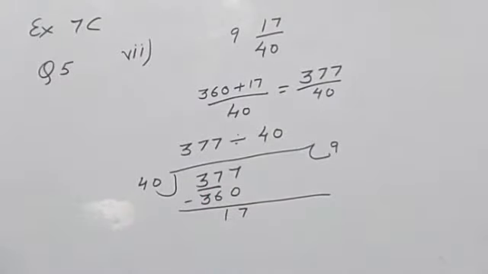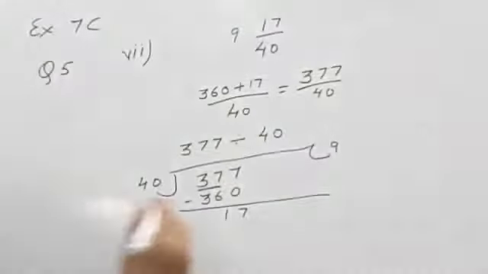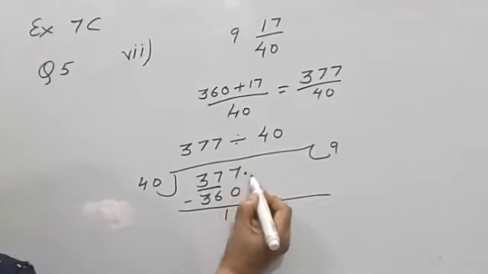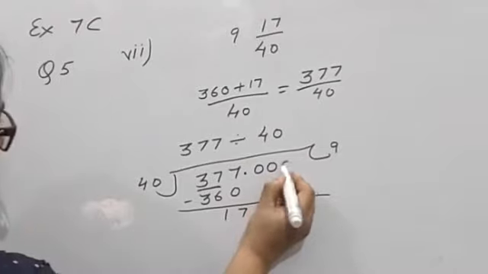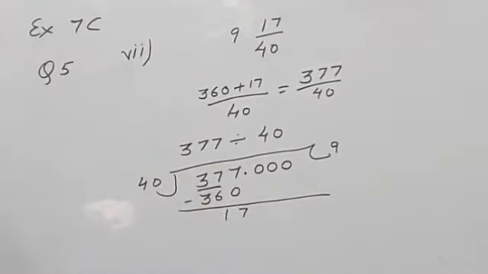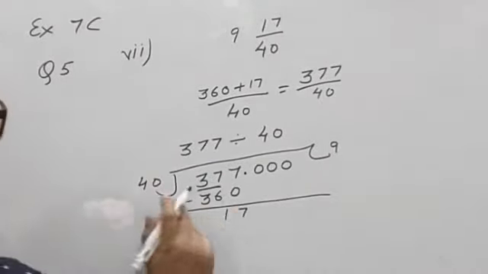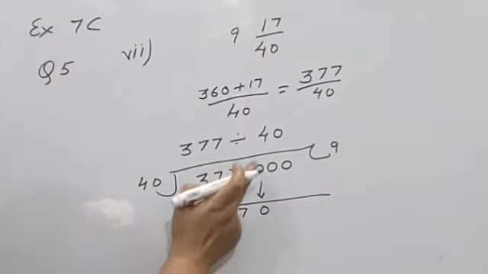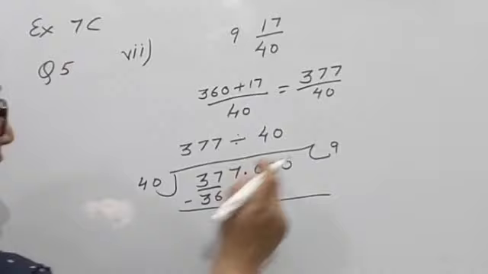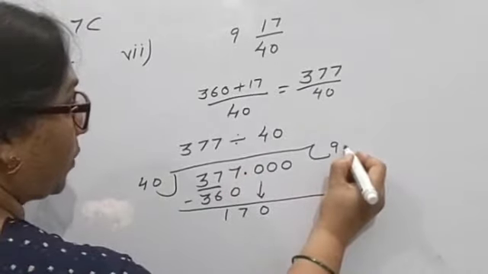Now how will you proceed? As I told you, the decimal lies just right after the last digit. At the same time you add a minimum of 3 zeros so that you don't have a shortage of zeros while doing division. Now let's bring the first decimal place down. As soon as you bring the first digit of the decimal place, at the same time the decimal is brought to the quotient.